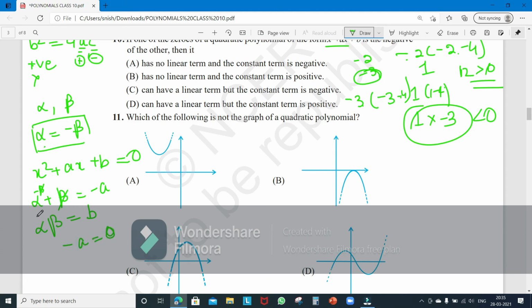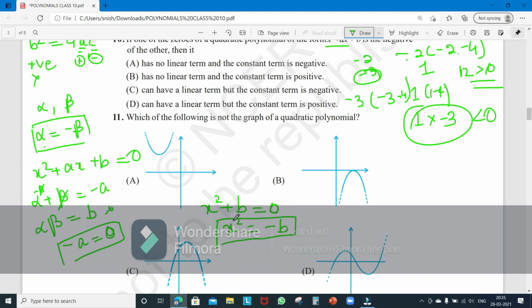Next, alpha into beta is equal to b. So first of all, a equals 0, that's the conclusion. So the equation reduces to x square plus b equals 0, right? Now x square equals negative b. Let's just keep it like that. We don't require this. We'll just solve the question from here.